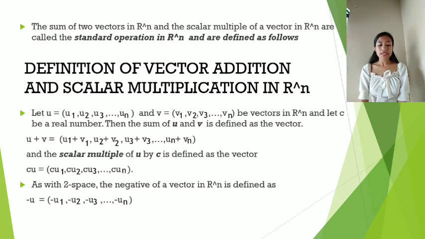As with R2, the negative of a vector in R raised to n is defined as negative U is equal to (negative u sub 1, negative u sub 2, negative u sub 3, ..., negative u sub n).